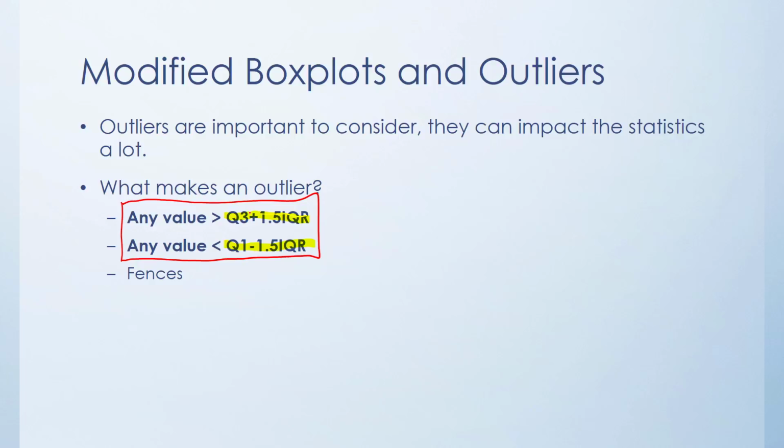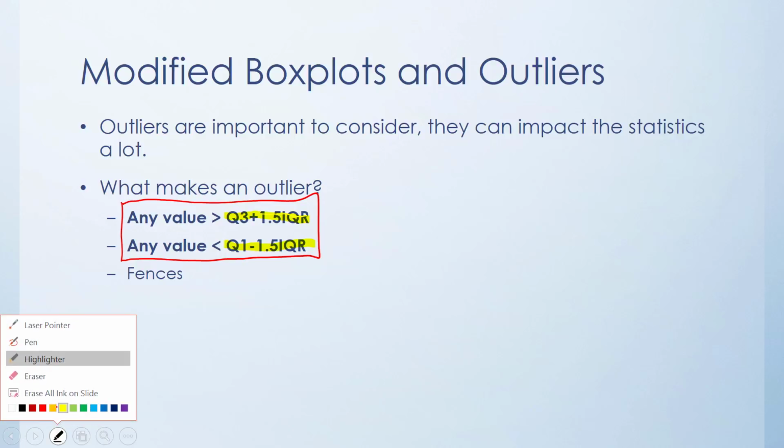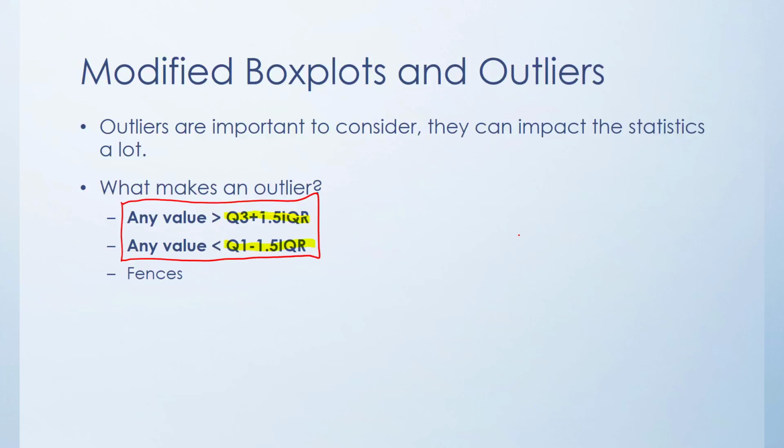All right, so to give you a better idea of that, we're going to sketch up a rough box plot. So you imagine you have our little box plot here. We've got our interquartile range, the IQR.